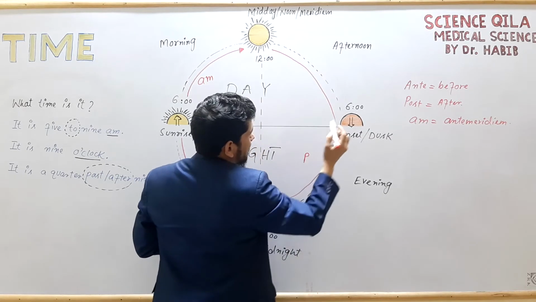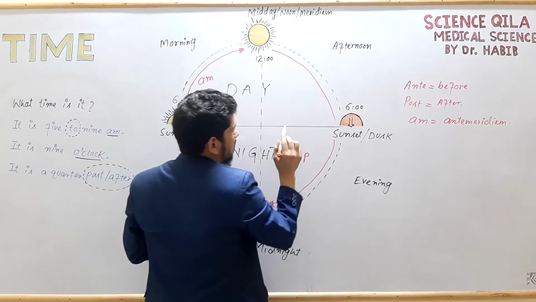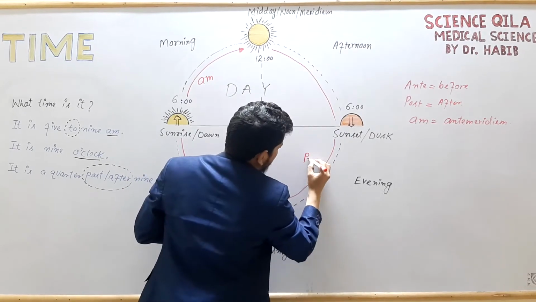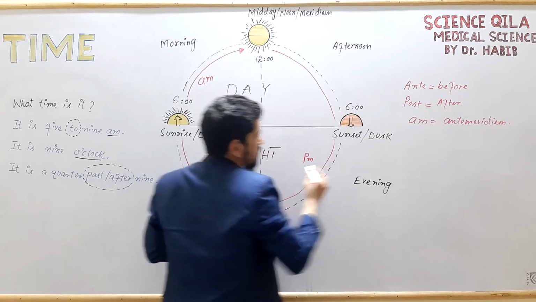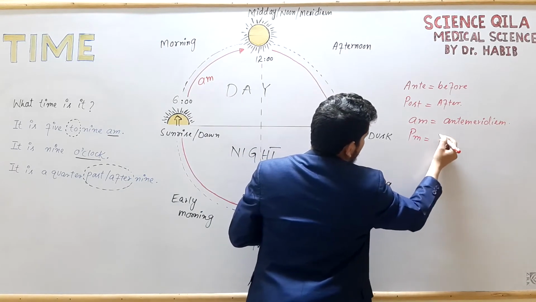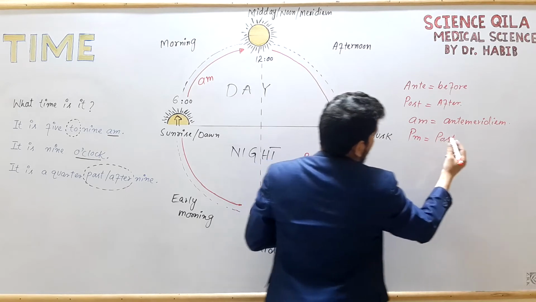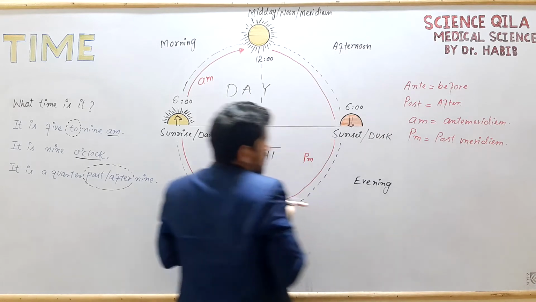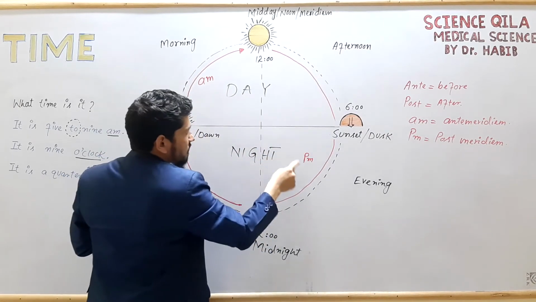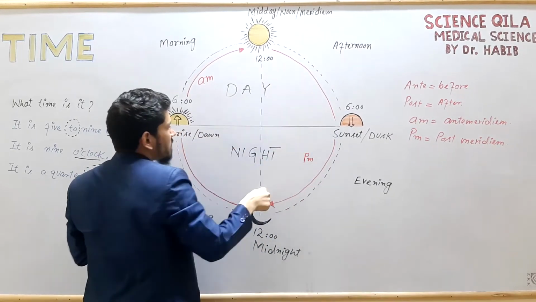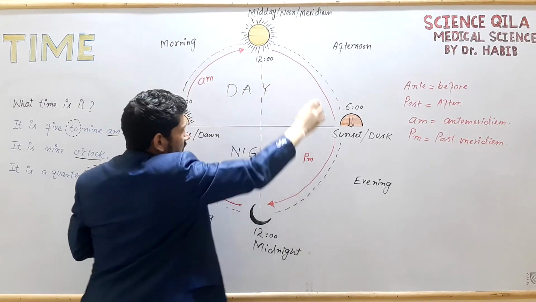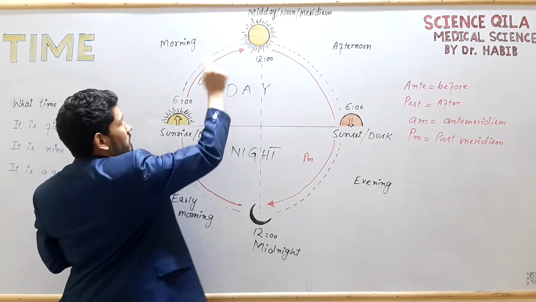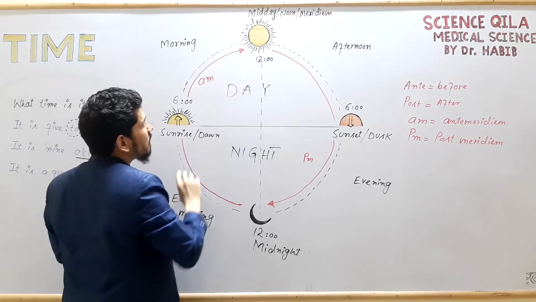After we name as post, so P stands for post, and midday we name as meridium. So post meridium, PM. This PM stands for post meridium, and this is the time after midday, or the time from midday to midnight, that is known as PM, and the time from midnight to midday is named AM or ante-meridium.